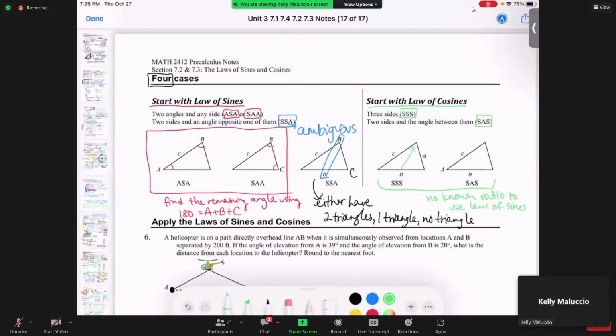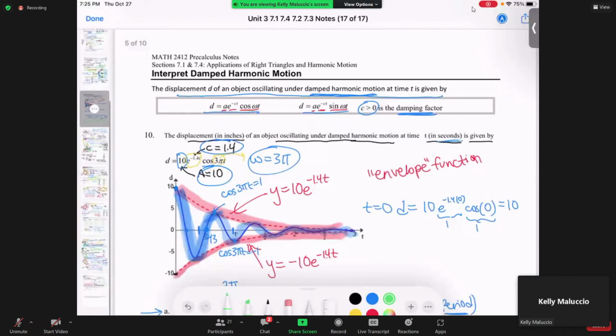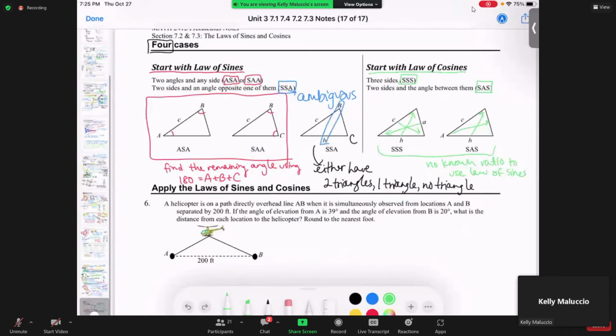Looking across at each of these, nothing is given across the way. So we just have to start with law of cosines, and then we could keep using it, or we switch to law of sines to help us, and then we just subtract from 180 to find those other angles.